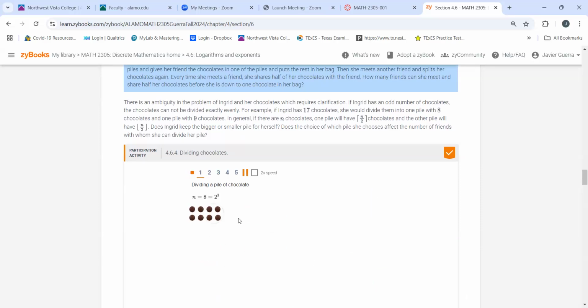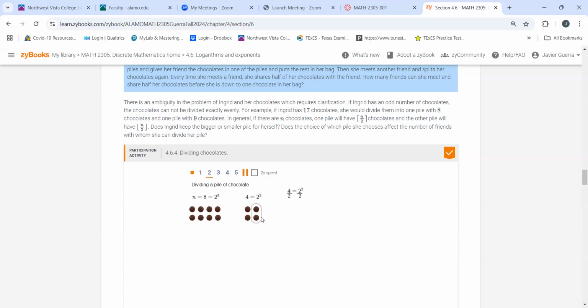Let's do this one. Let's say that she has 8 chocolates. She divides the pile into 2 groups. Each group has 4. She keeps half and then gives the other half to her friend. So now she's got 4. She divides it again.